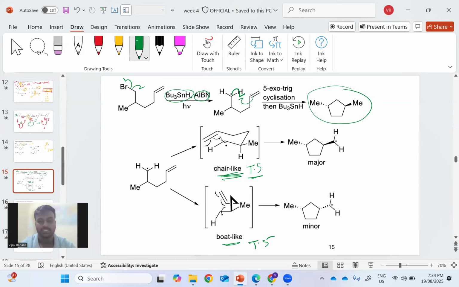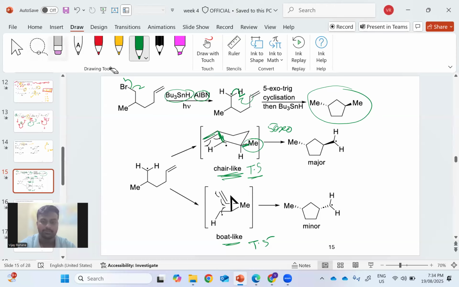In this case, you can see this radical forms at this position, in addition to the methyl substitution. So there is a 5-exo mechanism, and a 5-member ring forms between this one, and in this case, this methyl is directed downward and this methyl is directed upward.